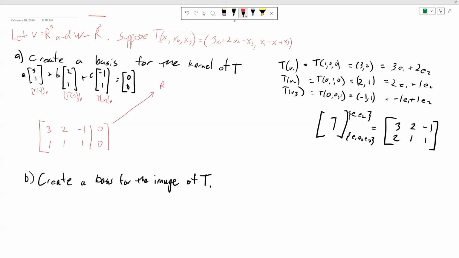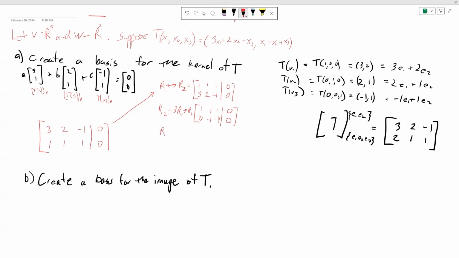So I'm going to take row 1 and swap with row 2 to give me 2, 1, 1, 0 over 3, 2, -1, 0. Then row 2 minus row 1, replacing row 2, gives me 1, 1, -2, 0 and so on, reducing to 1, 1, 1, 0, 0, -1, -4, 0.